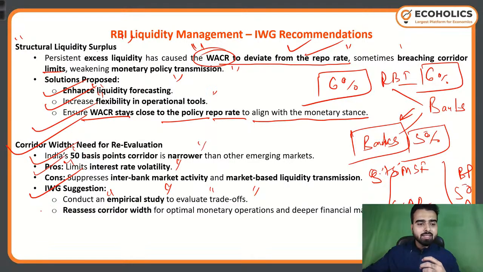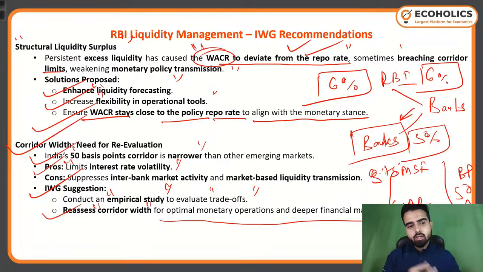You need to reassess the corridor width for optimal monetary operations and deeper financial markets. In a nutshell, they are trying to say: try to broaden your corridor. A 50 basis point corridor is a narrow one. Try to expand it, because in other emerging economies the corridor is on a wider scale. So this is what the internal working group committee recommended.